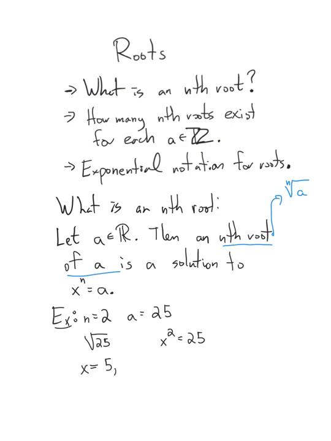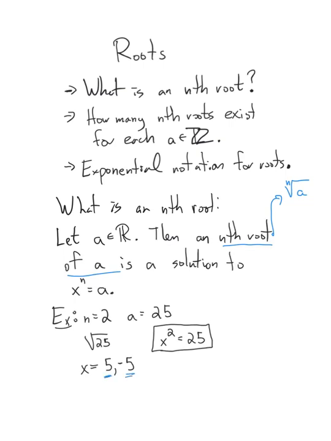But also, negative 5 times negative 5 is positive 25. A negative times a negative is a positive. So the solutions to x squared equals 25 are the numbers 5 and negative 5.